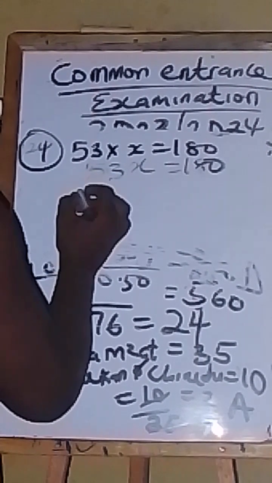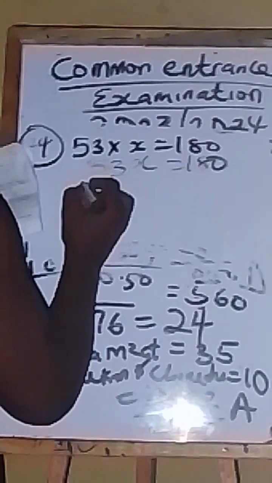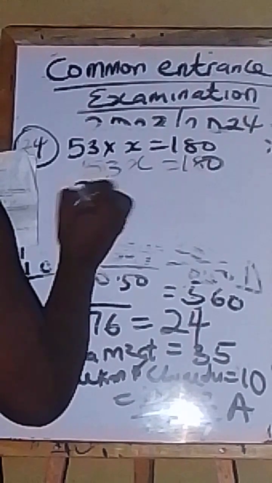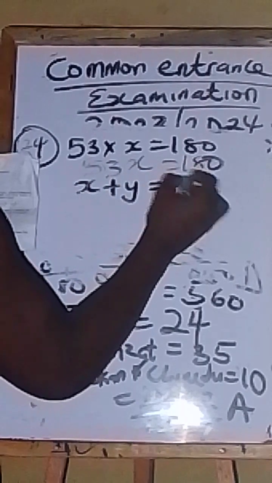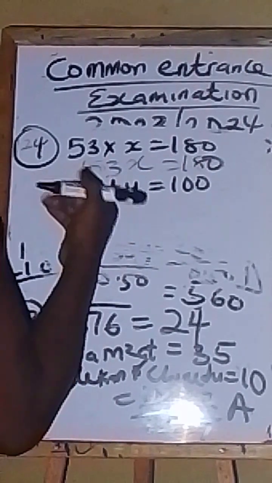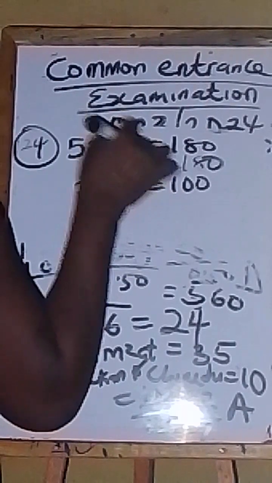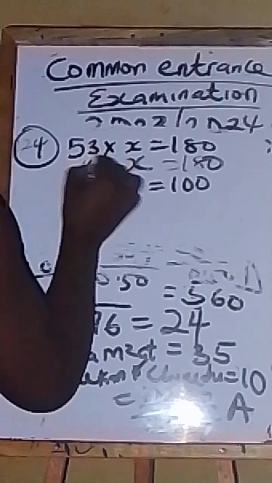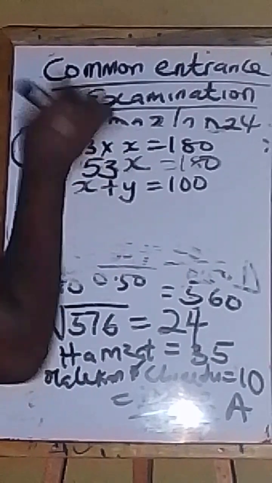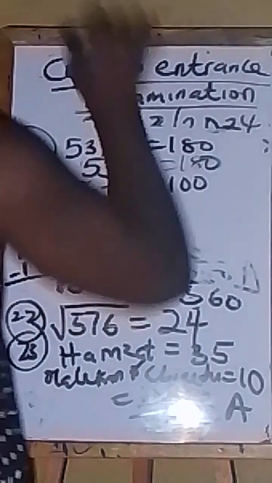So the total number, let's assume x plus y will give us 100, because we don't know if 53 of the number of pupils is 180.